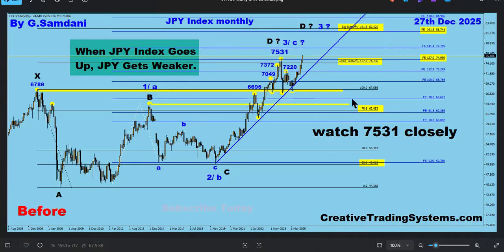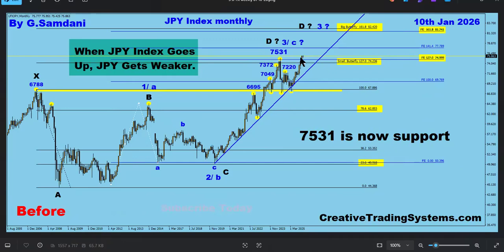All right, so that was 27th December, and the current chart, which I recorded Saturday, January the 10th, is this. We are still above 75.31, and now may drop to find support here and then continue to the upside if we stay above 75.31.